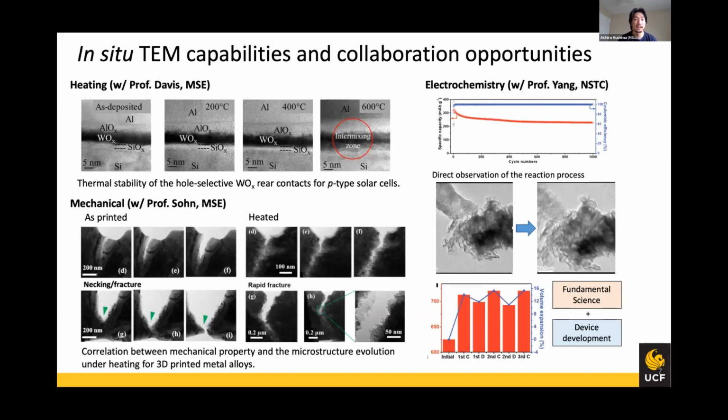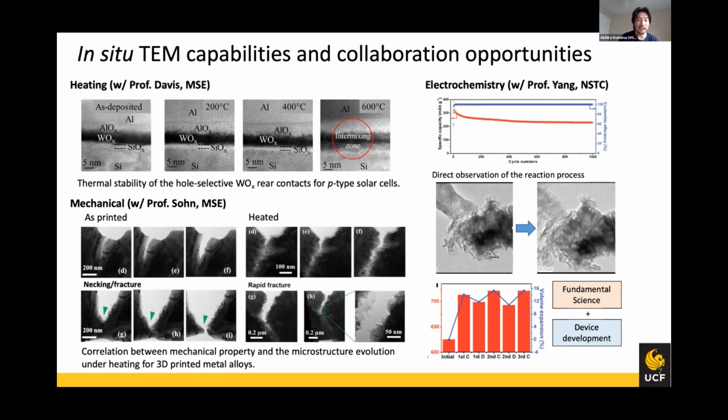So you can look at heating properties and the stability of the back contact, the rear contact, of this tungsten metal oxide, and you can see that after you heat up the device, there will be an intermixing zone that will destroy all these nicely layered materials. You can also do mechanical testing to understand the properties of 3D printed metal alloys and what happens if you do the heating.